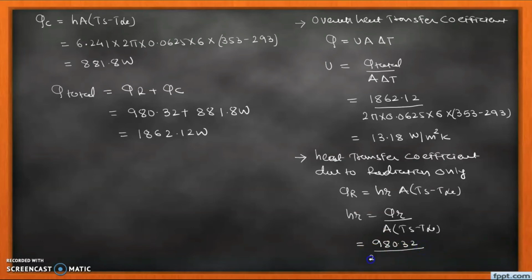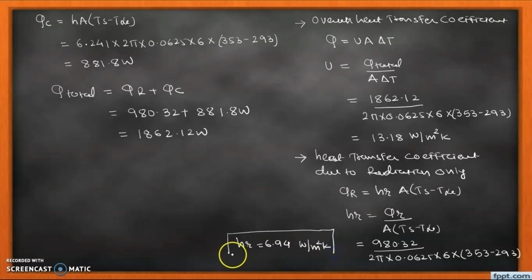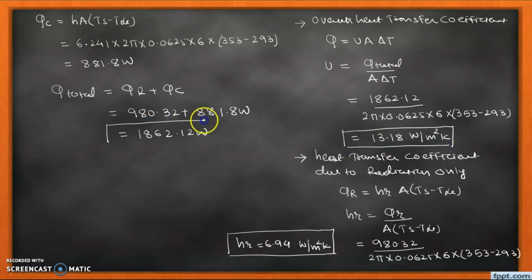The area is again 2 pi into the radius, 0.0625, into the length 6 meter, into the temperature difference 353 minus 293. So we get the value of hR as 6.94, and the unit is watt per meter square Kelvin. So this is our finding number 3. This is our finding number 2. And the total heat loss is our finding number 1.